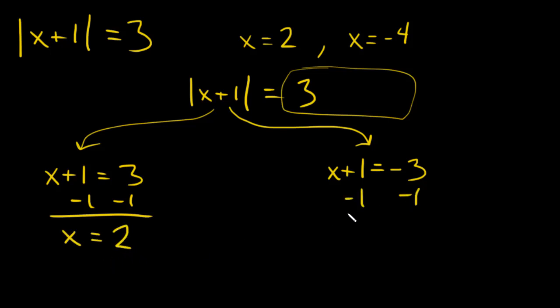Minus 1, x equals negative 4. And those are the two solutions that we thought of above. So if you split it into its positive piece, if you will, copy it straight down, no changes. The negative piece, you change the sign of everything that's over here, that's outside the absolute value. Okay? So let's knock out a different example.